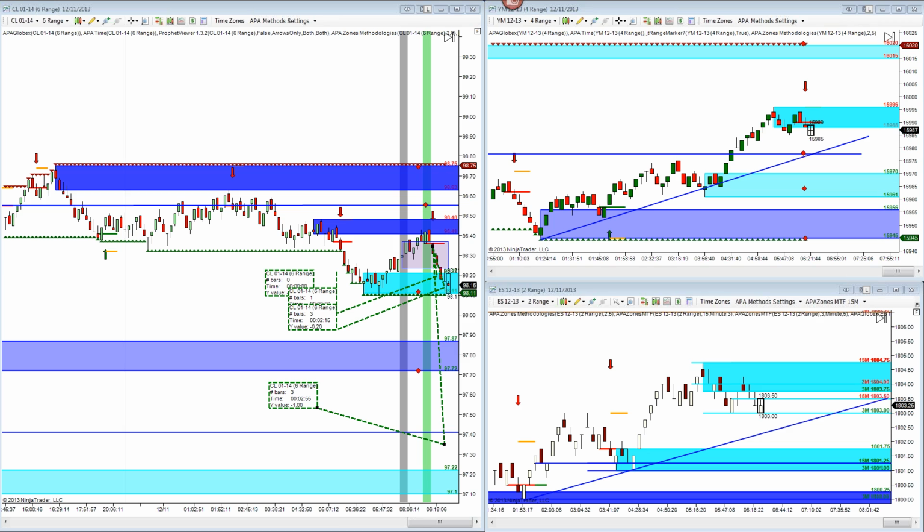We're kind of right for a pullback, though. It's moved 650 ticks over 7 days. Up and down, or just up?